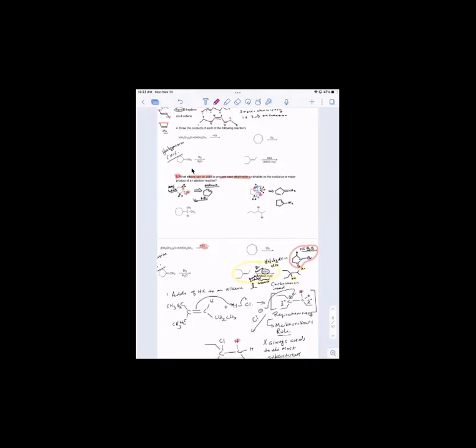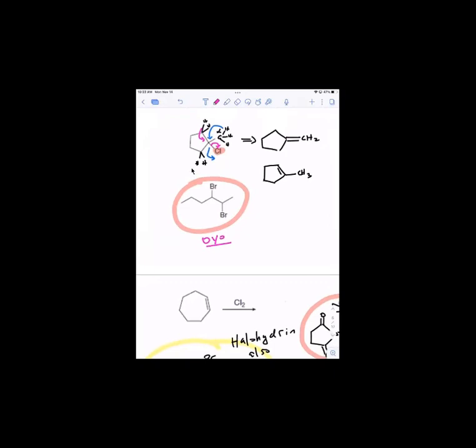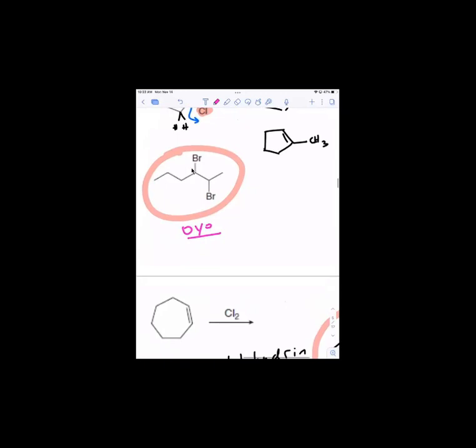Any questions about that? I want you to do this one on your own. What would that be a product of? What if I had an alkene and I ended up with this product? What reaction would I use to make that product?